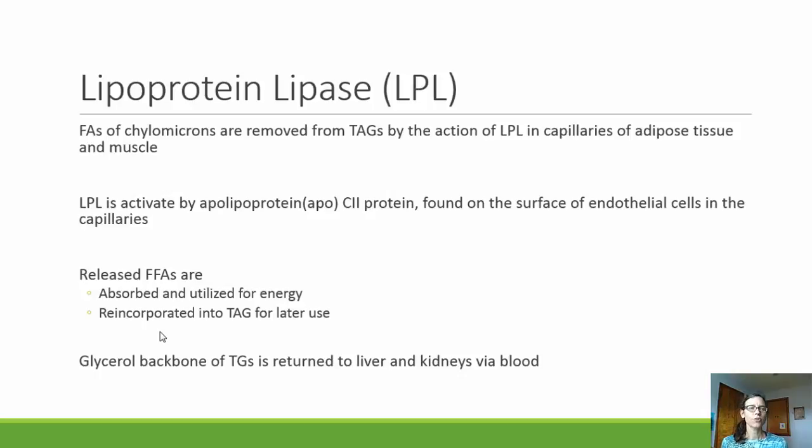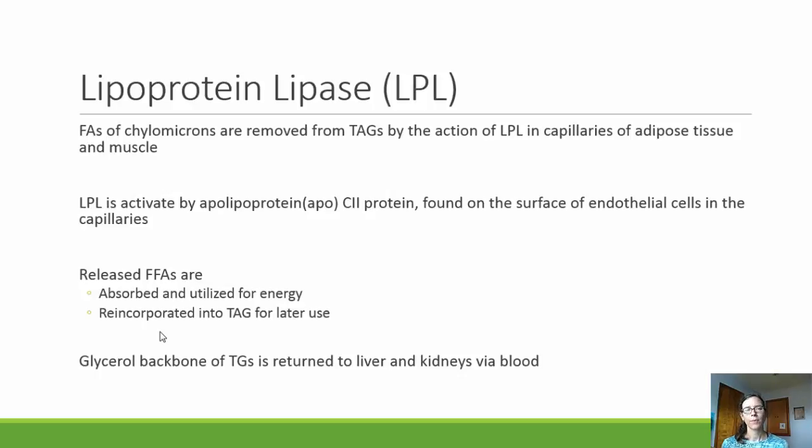So you can see that this is a really important enzyme when we're talking about fat transport and distribution in our body. Lipoprotein lipase has to be activated, and it's activated by one of our apolipoproteins. This is an example of how the apolipoprotein can serve as a signaling molecule.